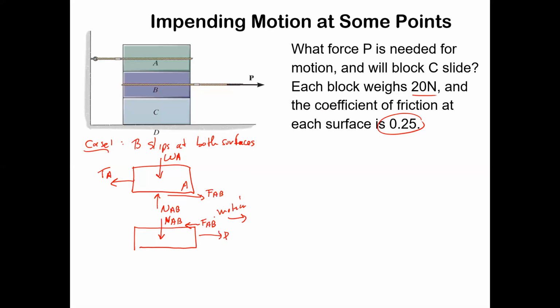So F_AB is opposite of that. In addition to N_AB, we've also got the block's own weight, so there's more weight on the second block. And then we've got a normal force from B to C.